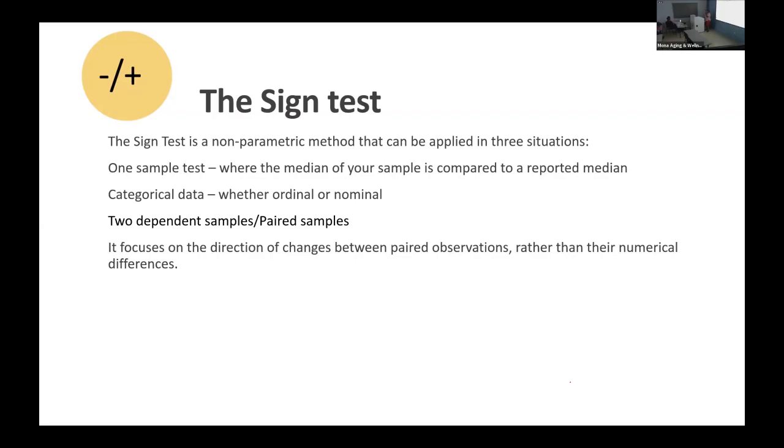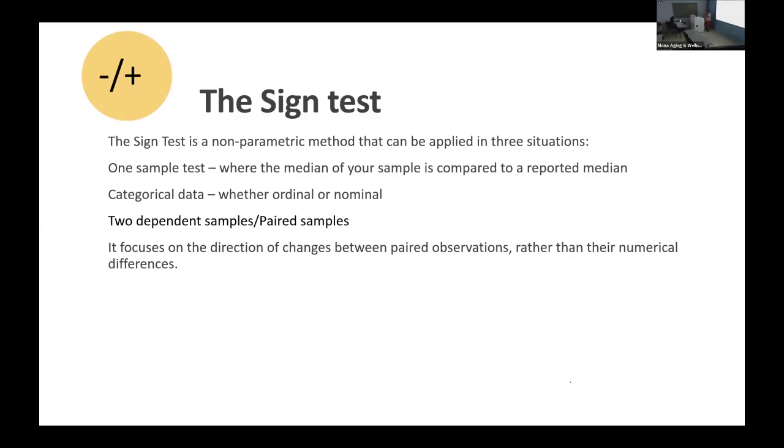In that case, you are comparing the median of your sample with a reported median. You can also apply the sign test to categorical data, and your categorical data can be ordinal or nominal. And then the other situation is where you have 2 dependent or paired samples. You can apply the sign test there.